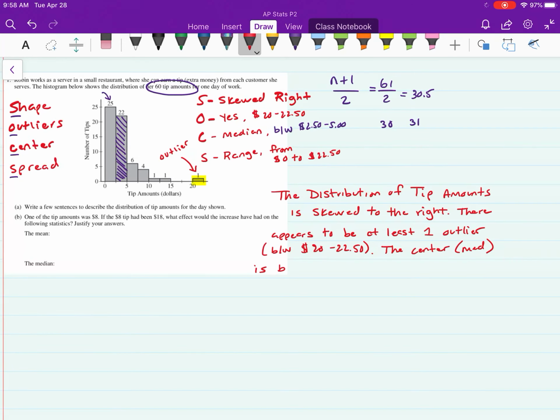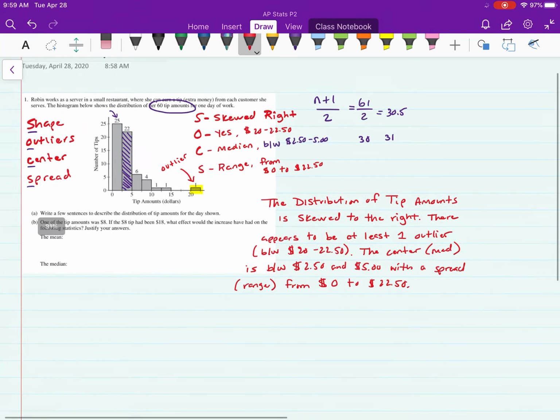It's between $2.50 and $5. So that covers all our bases. We have context, we have shape, outliers, center, and spread.